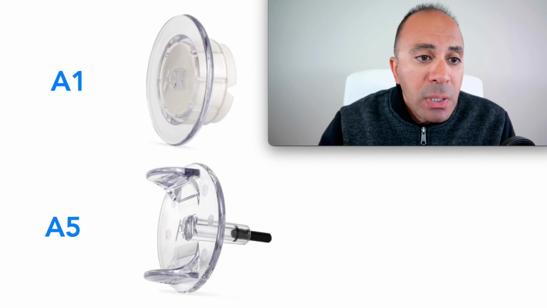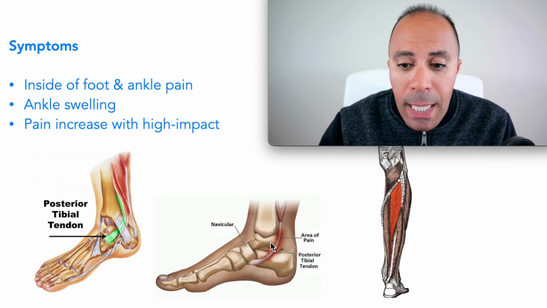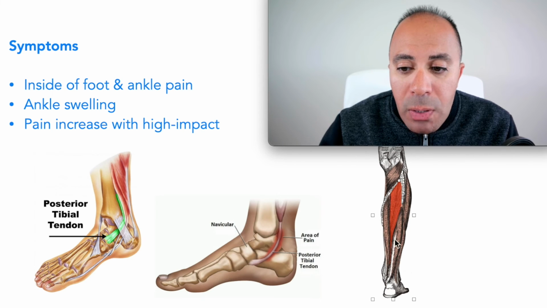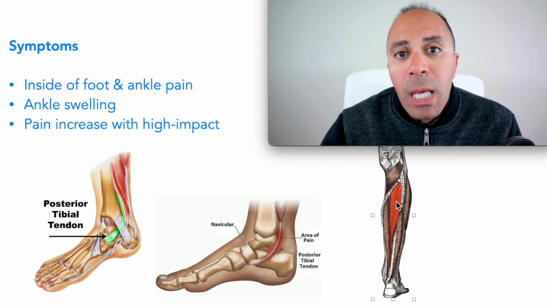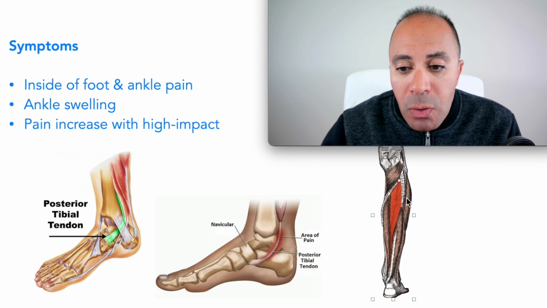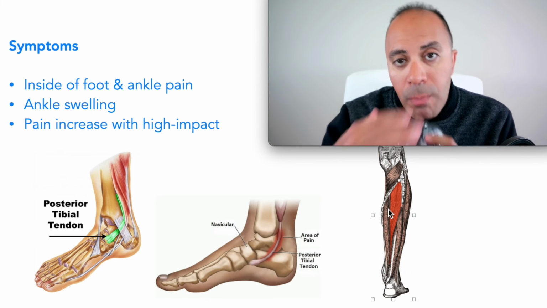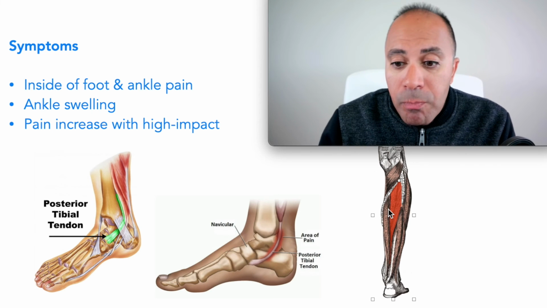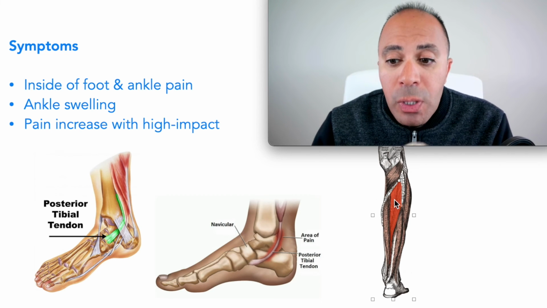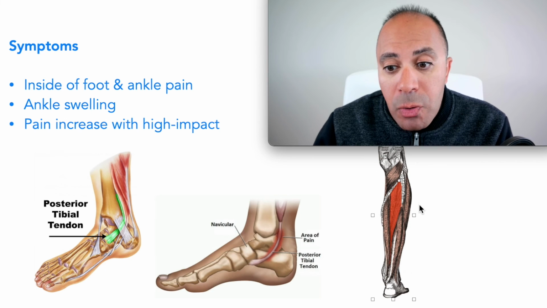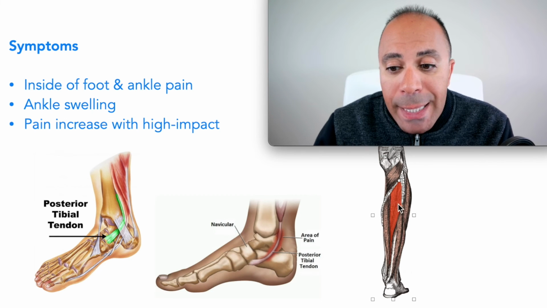Because when you have tendonitis in this area, your issue is not only here, your issue is here too, because the whole muscle is tight, and it's very common to have it in the gastrocnemius muscle on top of the posterior tibial muscle, and also the posterior tibial muscle has a lot of scarring in this area.